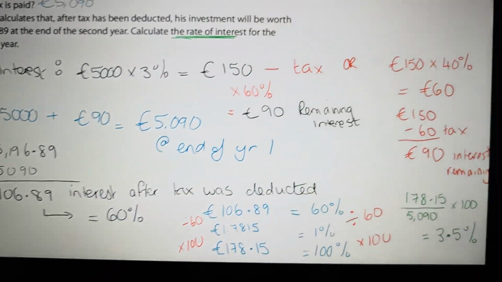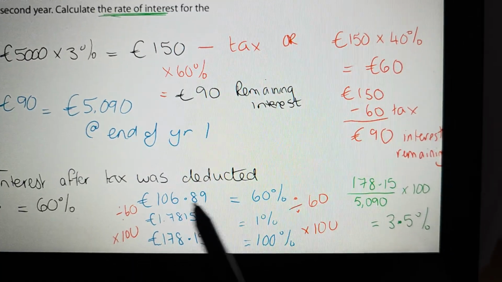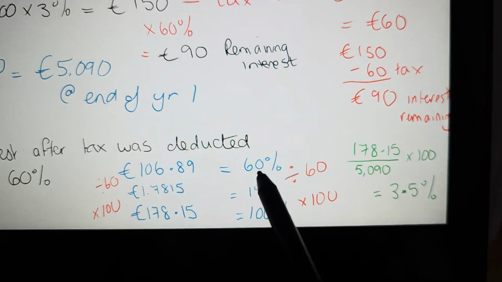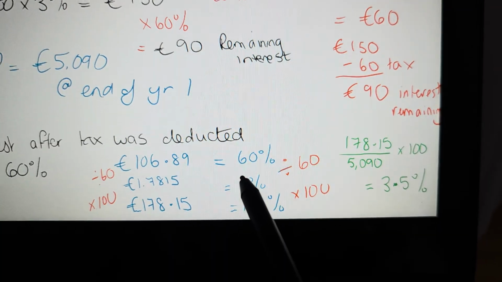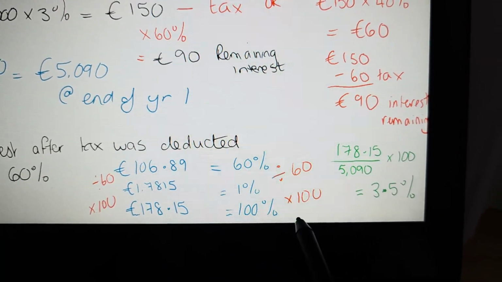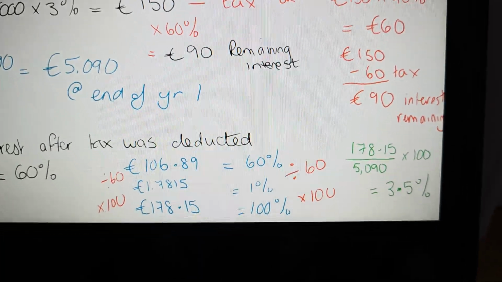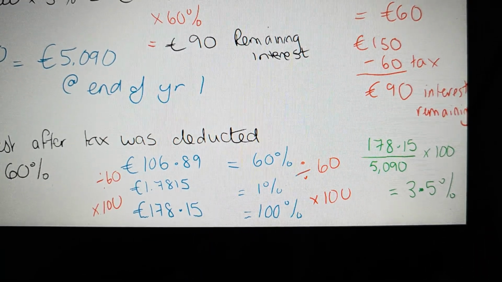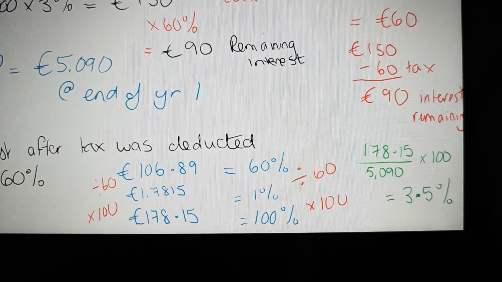Set up that equation. Once you know what 60% is, divide both sides by 60 to get what 1% is. And then once you have 1%, you can get any percentage after that by multiplying. So turn 1% into 100% by multiplying both sides by 100, which now tells me that the full 100%, which means the full amount of interest that he earned before any tax was deducted, is €178.15.